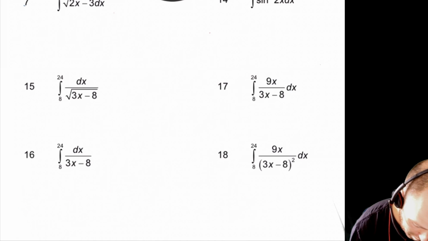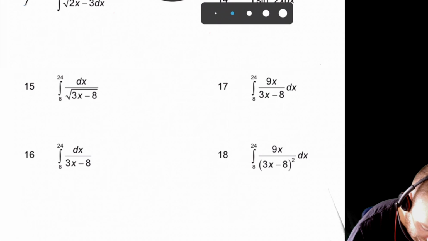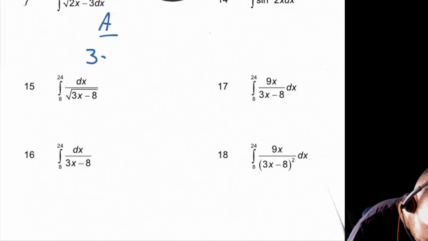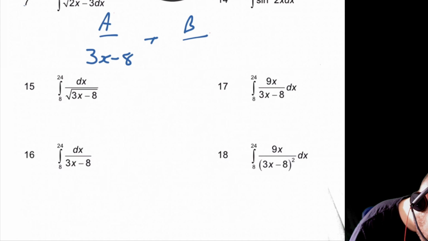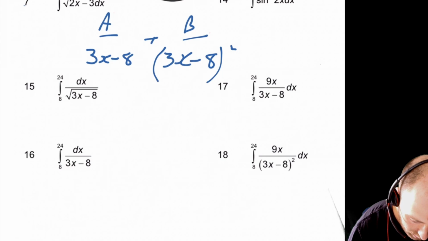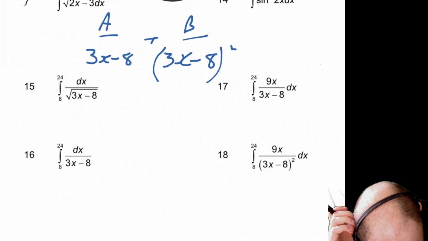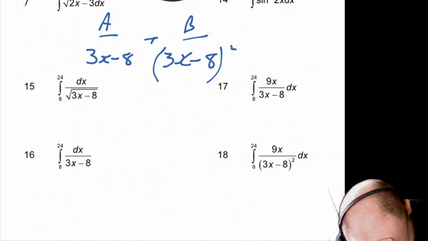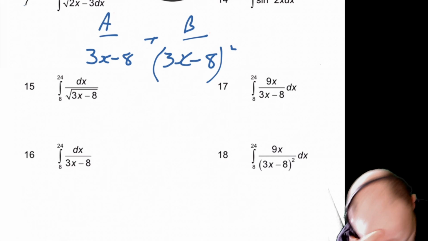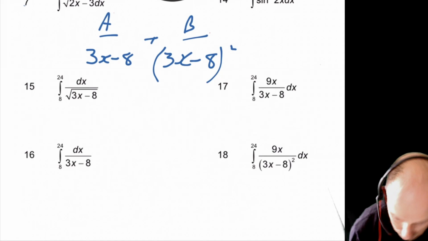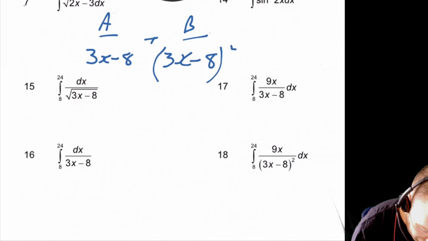So, let's say it's a over 3x take 8 plus b over 3x minus 8 all squared. And I feel like there should be an easy way of doing this. But I'm going to just do it this way. This will definitely work. There probably is a quicker way though.